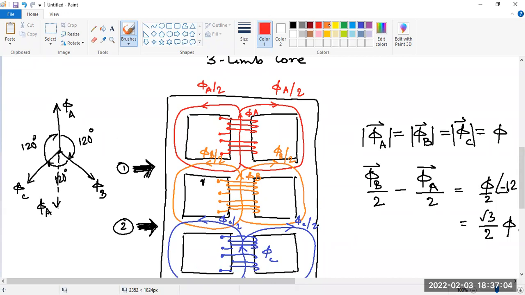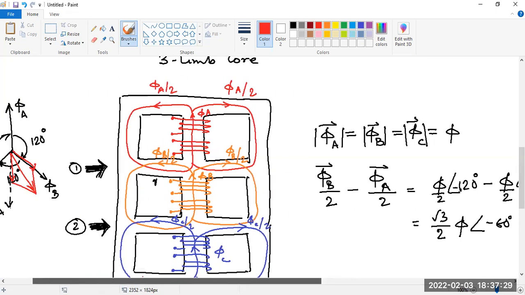So this is your phi a by 2, this is minus phi a by 2, and this is phi b by 2, and this will be the resultant. Then how does the angle become minus 60 degree? It is 150 degree. Yes, sir, that is what I said.